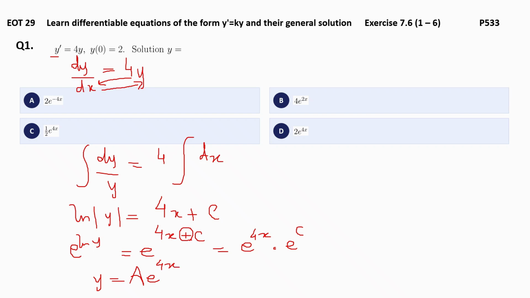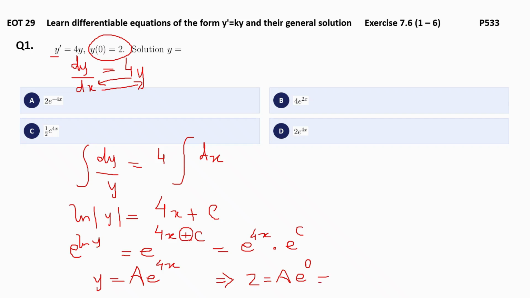For that, we will use our initial condition that's given as y of 0 is equal to 2. So your x value is 0 and y value is 2. Let me substitute that. 2 is equal to capital A, e to the power 0. 4 multiplied by 0 is 0, right?